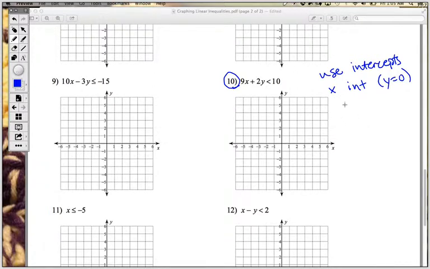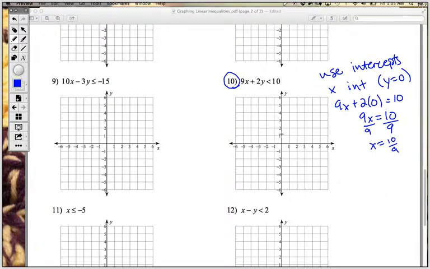So x-intercept, that means that I'll have 9x plus 2 times 0. We're looking for the boundary line, so I'm going to look at equals 10. All right, so that's just going to give me 9x equals 10. And if I do some dividing here, then I got x equals 10 over 9, which is just over 1.